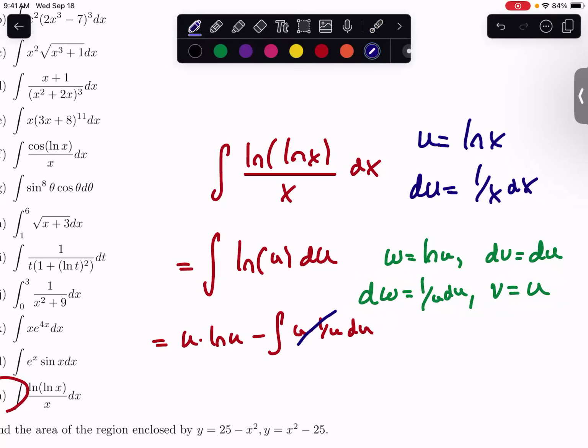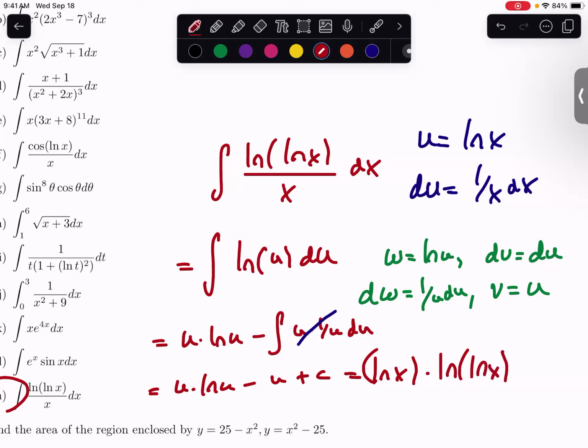So this integral just ends up being equal to u times the natural log of u minus u plus c. Then you just need to plug in what we originally had for u. So this is equal to the natural log of x times the natural log of the natural log of x, minus the natural log of x, plus c.